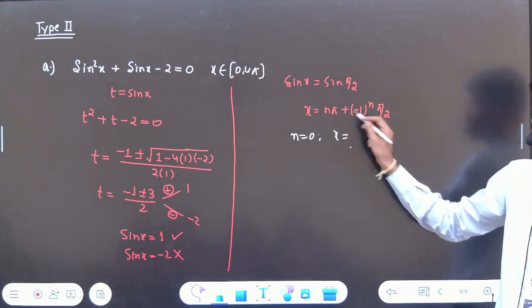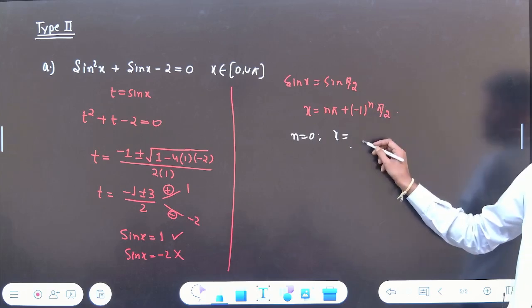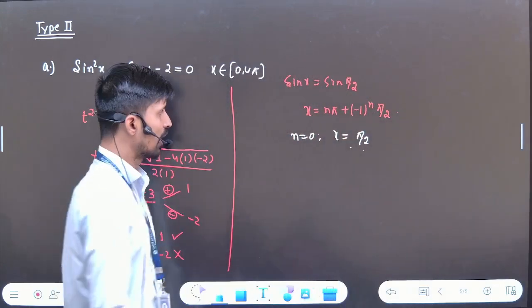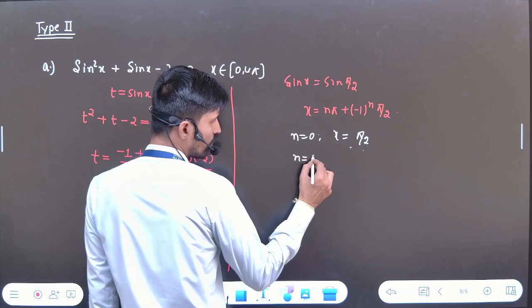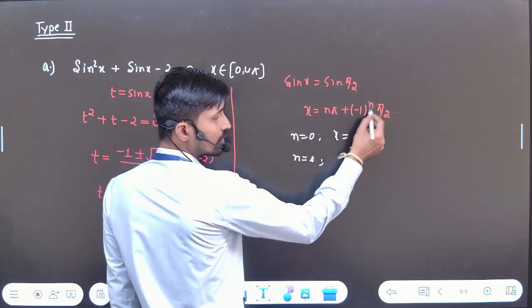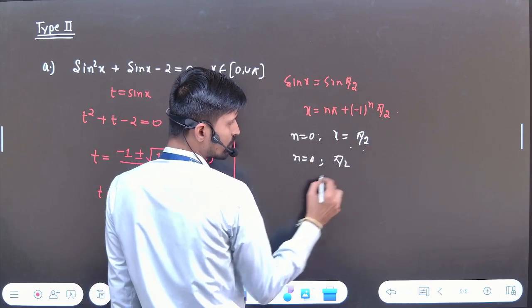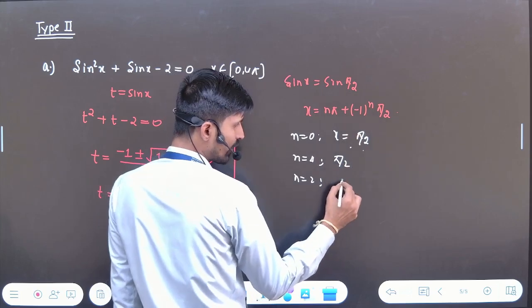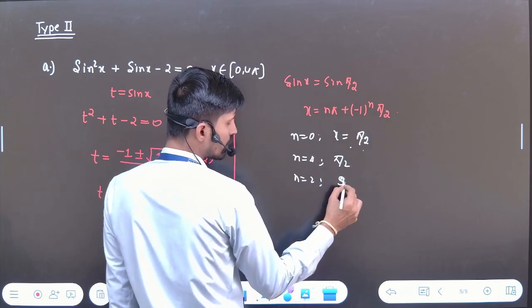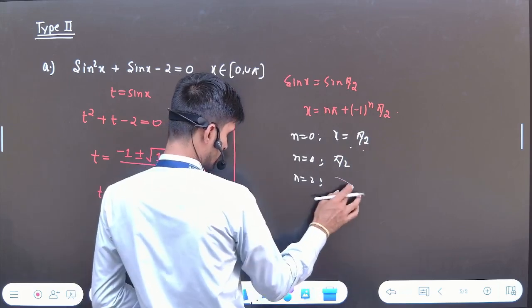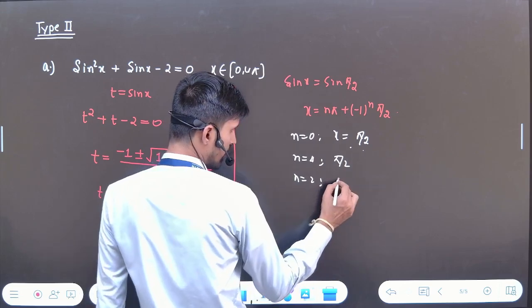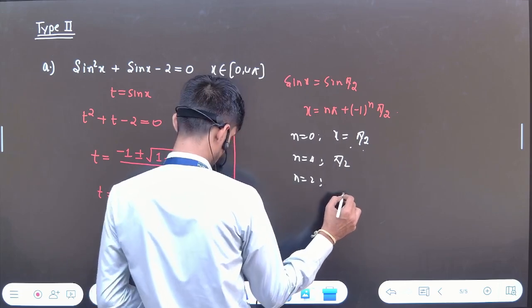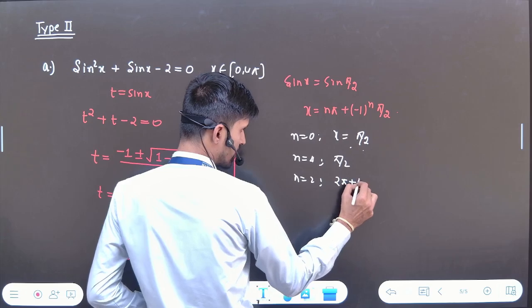What will we get for x? 0 into pi, 0, minus 1 raised to 0 is 1, so we get pi by 2. After that I will put n equals 1. Pi minus pi by 2. Here also we get pi by 2. N equals 2: 2 pi plus pi by 2, which is 5 pi by 2.